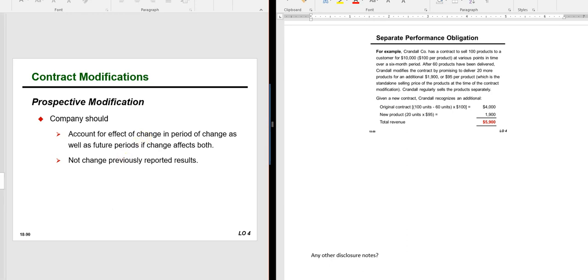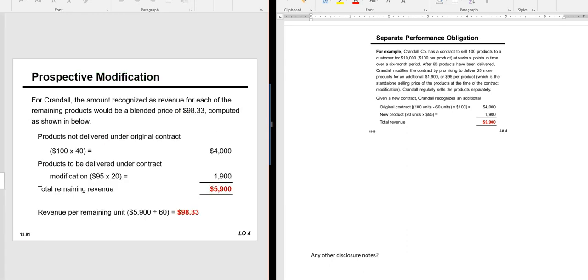Let's go ahead to the journal entries. So products not delivered under the original contract, so we have $4,000, and then we have $1,900. So what happens now is you want to average that and pretend that every one of the remaining ones under the contract are $98.33. We could make two columns here: number of units, dollars.